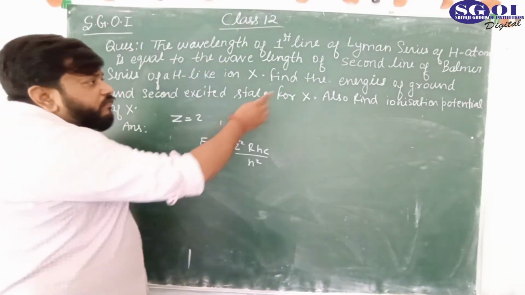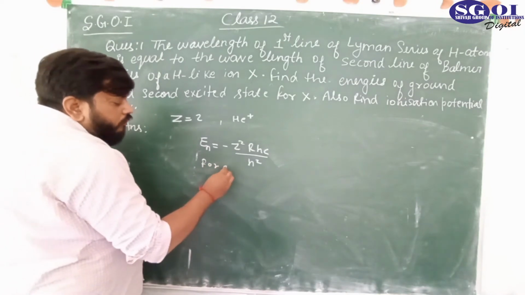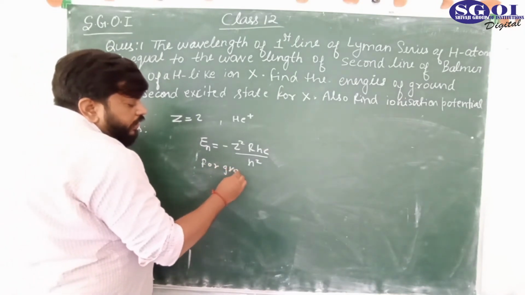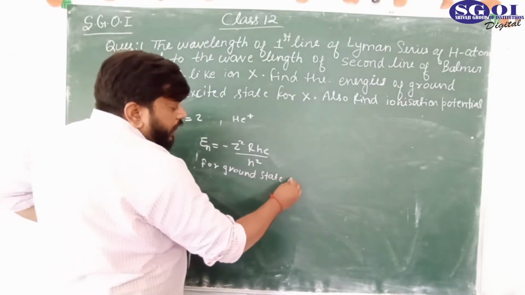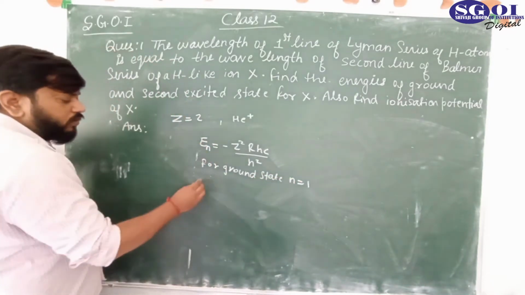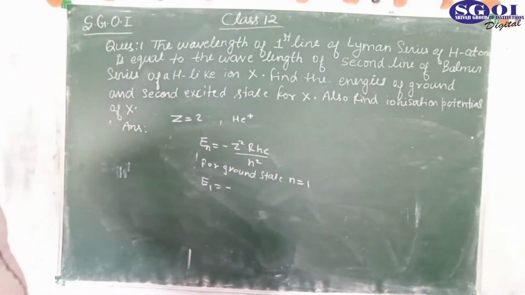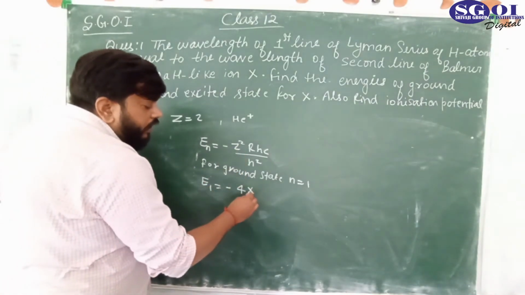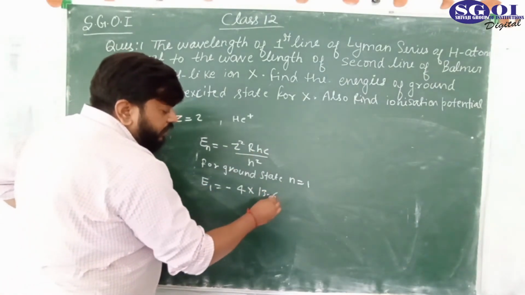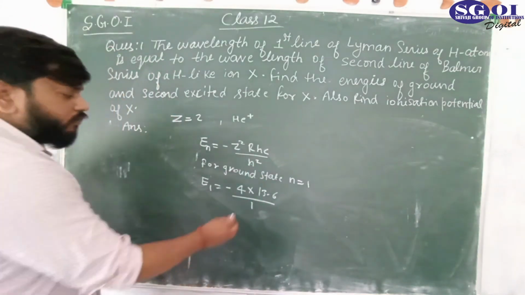So for the ground state, n equal to 1. So just put n equal to 1. It would be E1 equal to minus Z square Rsc by n square. What is Z? Z is 2. So it would be 2 to the power 2, which is 4, into Rsc 13.6 upon n, which for the ground state is 1, so 1 square.